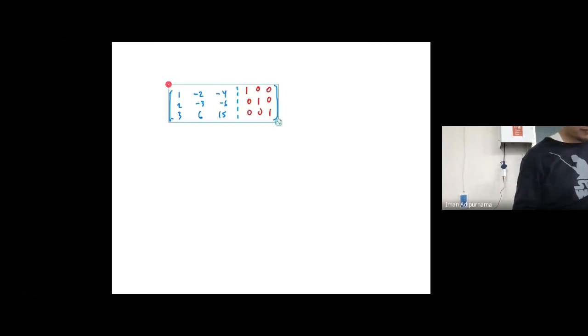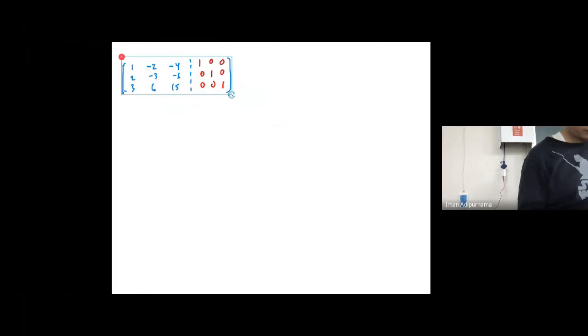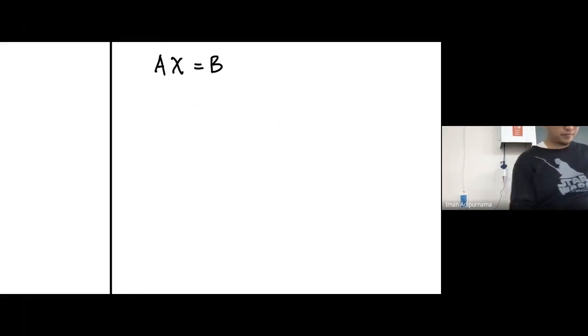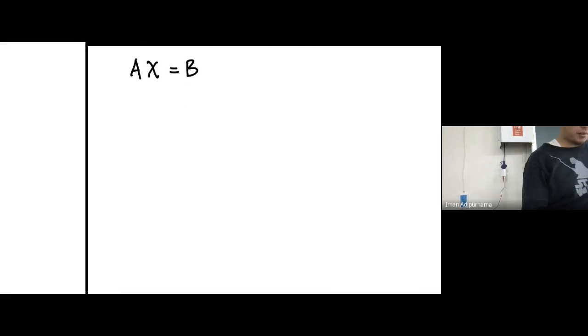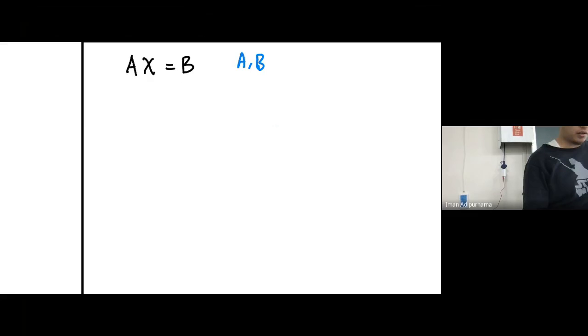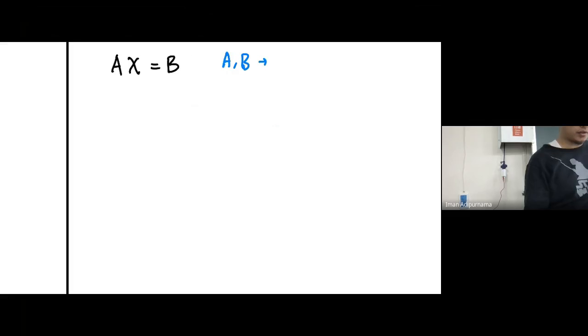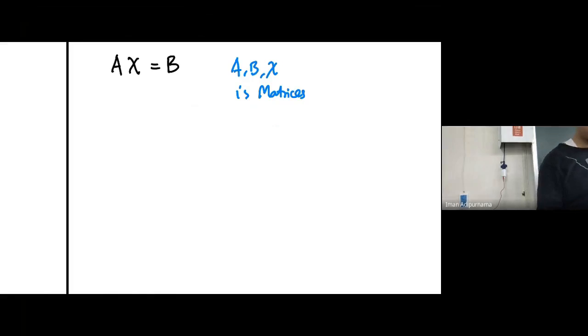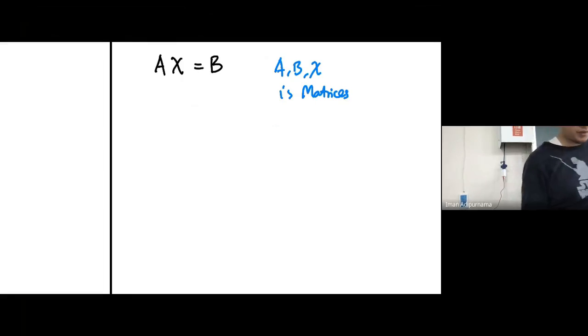So let me write. If you have the matrix equations like this, remember that A, B, X are matrices.